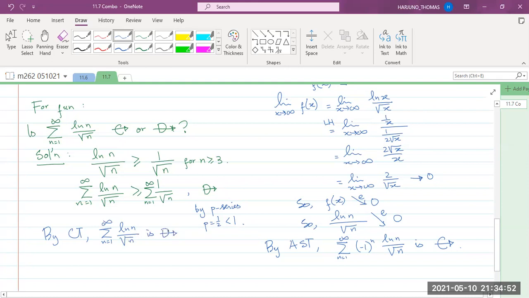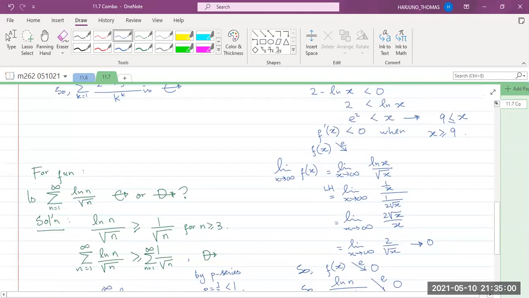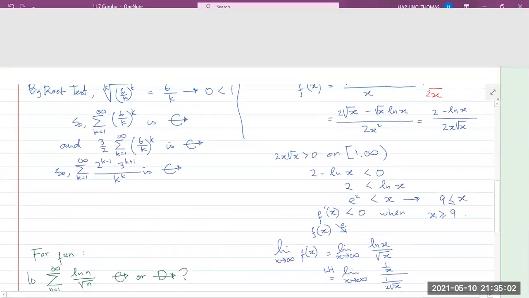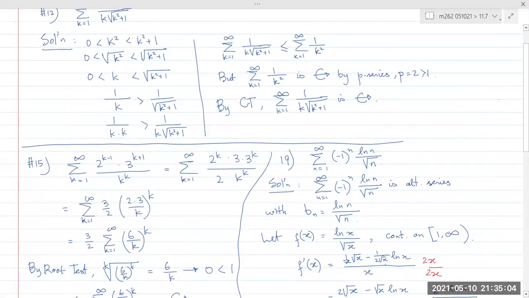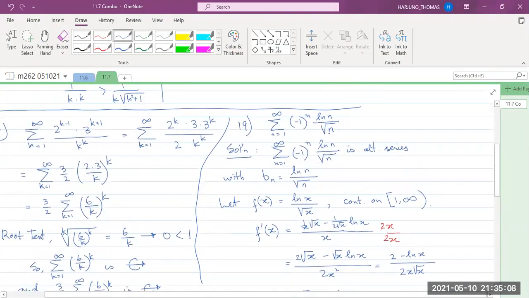Okay, but the alternating series of that series is convergent according to what we have here. So basically this series is conditionally convergent.